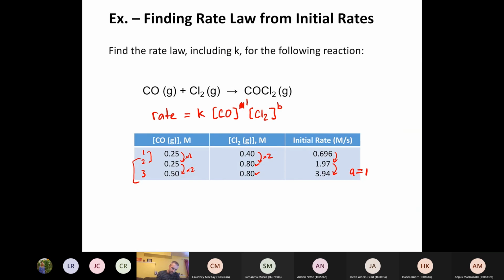So for B here, the exponent for Cl2, it's going to be equal to the natural log of rate 1 over rate 2, which is 0.696 over 1.97, over the natural log of concentration 1 over concentration 2.